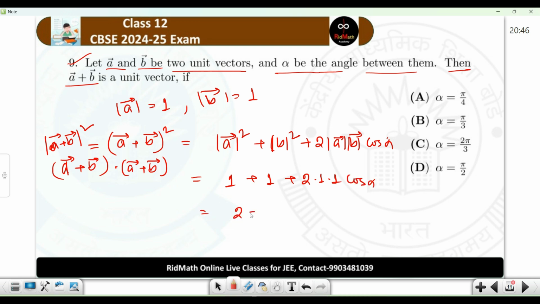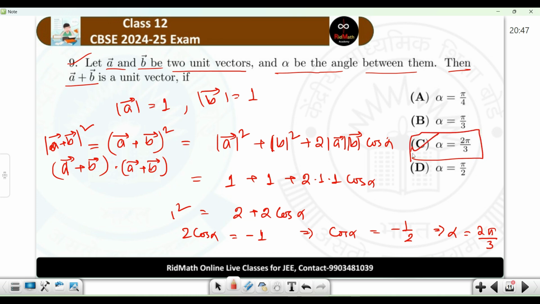So this is 2 plus 2 cos alpha, and this whole square is also 1 square. So 2 cos alpha equals minus 1, that means cos alpha equals minus 1 by 2, and for this, alpha equals 2 pi by 3. So option C is correct.